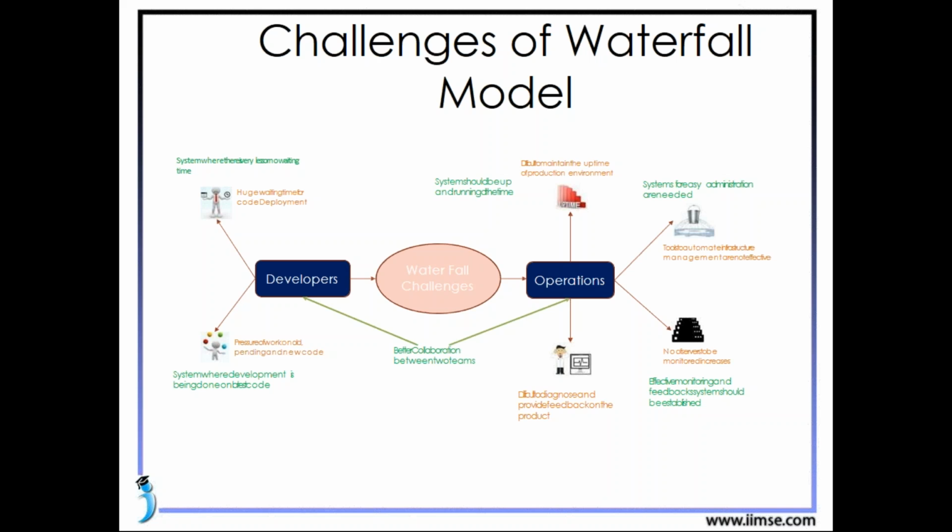They said the software development cycle should be 4 to 5 weeks, and the team size should be very small, 5 to 9 people. The huge waiting time for code deployment was thought through and taken care of, so it should be a system where there is no waiting time.